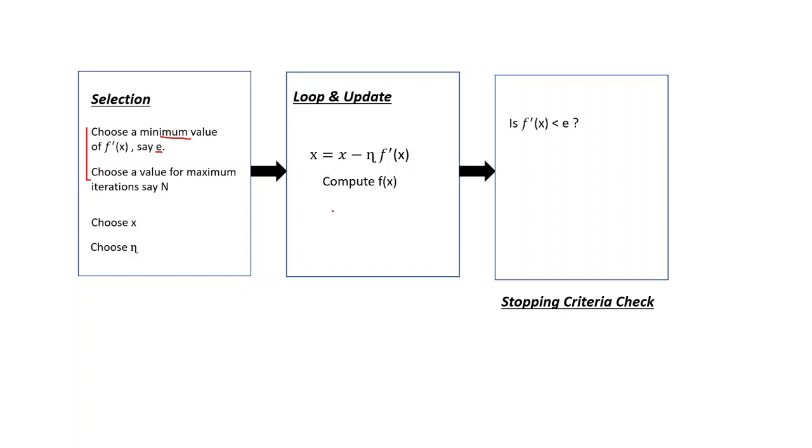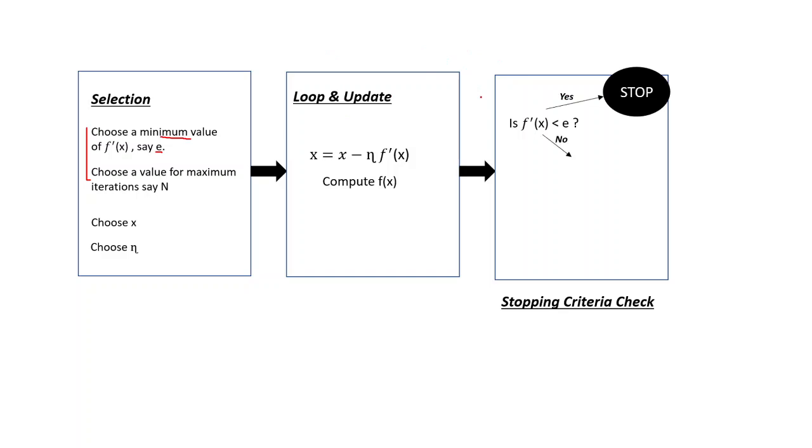So the first condition checking will be if the value of f prime x is less than E. E was the minimum value of f prime x. If it goes below that minimum value, if yes, we will immediately stop the algorithm.